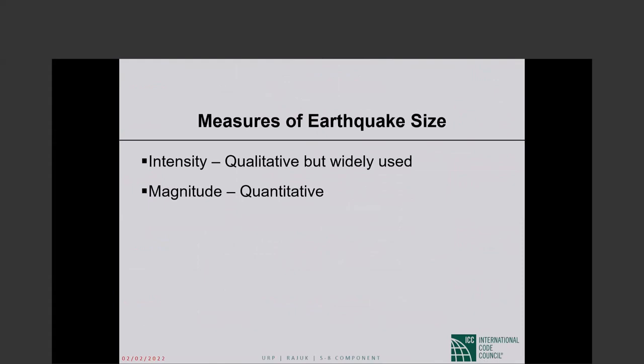Now the topic that continues to cause a lot of confusion: intensity versus magnitude. Intensity of an earthquake, magnitude of an earthquake.